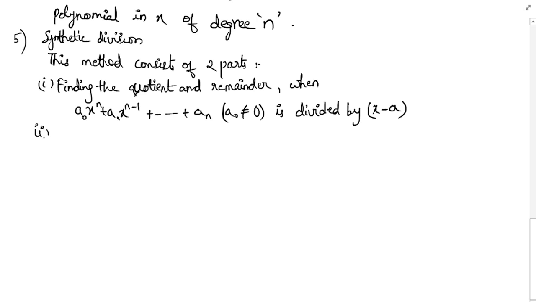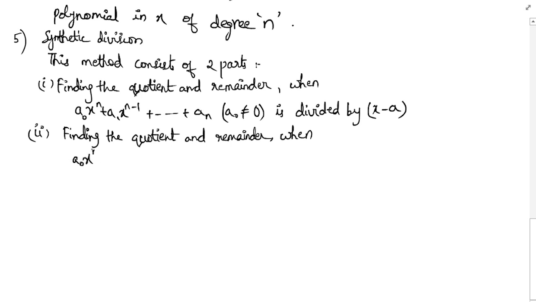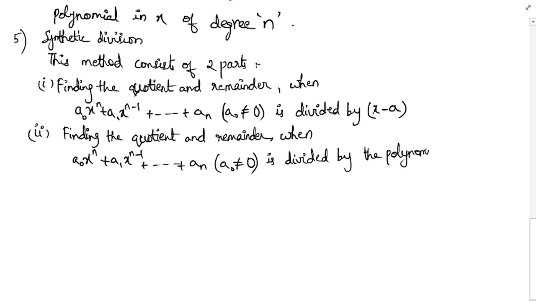The other method is finding the quotient and remainder when the polynomial a0 x^n plus a1 x^(n minus 1) plus so on up to an, where a0 is not equal to 0 again, is divided by the polynomial x square minus px minus q.